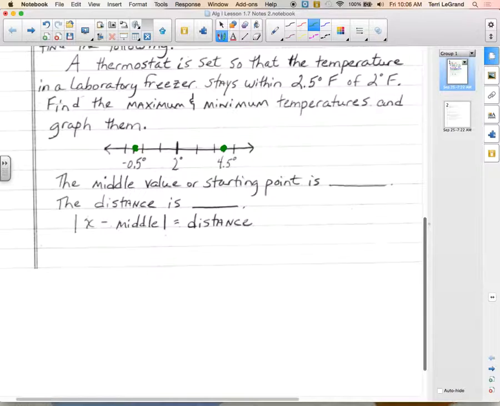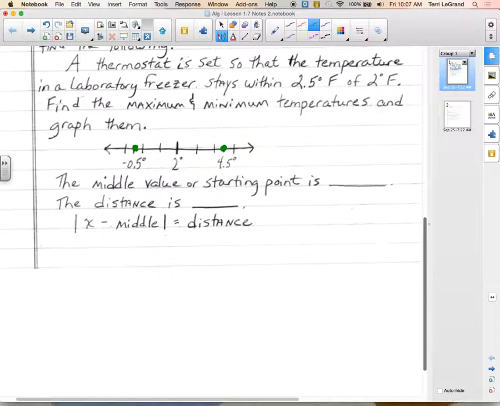Just like yesterday in the game contestant thing, what was the actual cost of the DVD player? If we guessed it right, what was it? Does anybody remember? $169. That would have been what we call the middle, the ideal, what it really actually is supposed to be. Then their guesses were how much it varied by.